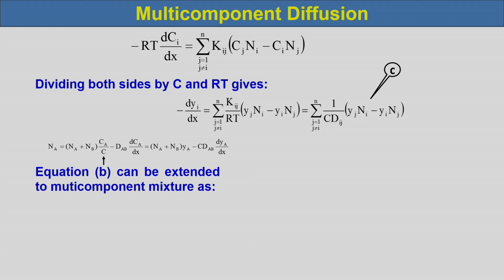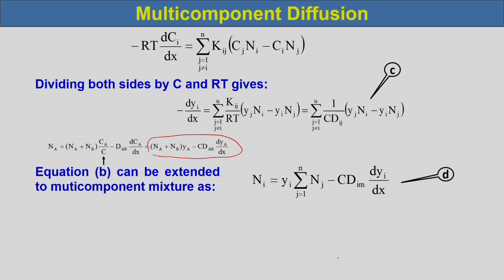Now, equation B, which we have derived before, N_A equals (N_A plus N_B) into Y_A minus C D_AB dY_A/dx, can be extended to a multi-component mixture as Ni equal to Yi times the summation over j equal to 1 to n of Nj, minus C D_i,mix dYi/dx.